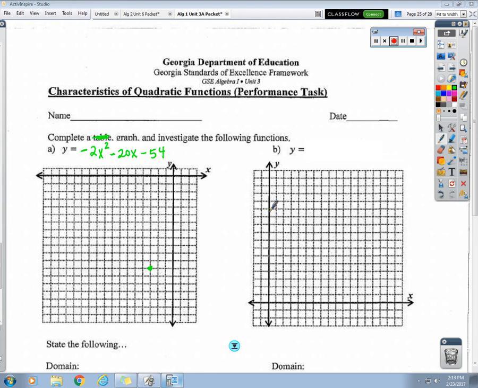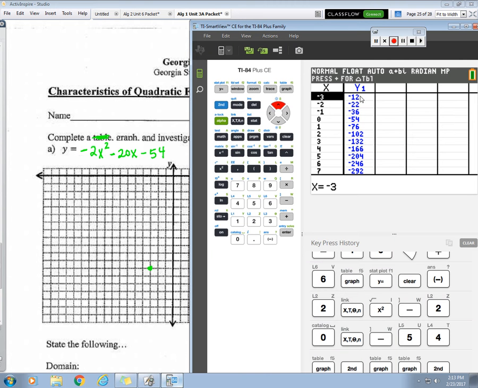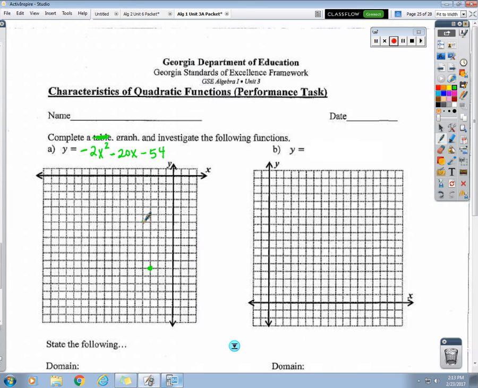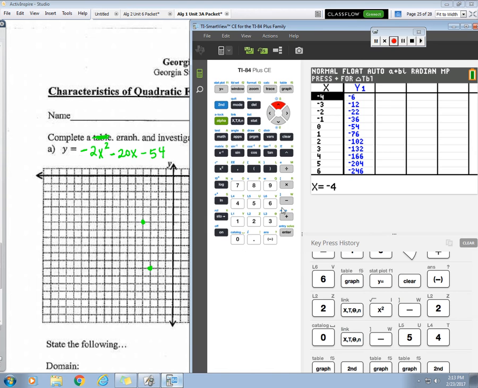So go ahead and plot the point negative 3, negative 12. Yes, okay, and once you plot that, go back to your table and keep going to the negatives, and then there's another nice point, negative 4, negative 6. So left 1, 2, 3, 4, down 6. 1, 2, 3, 4, 5, 6. And then if you continue going left, negative 5, negative 4. So left 5, down 4.